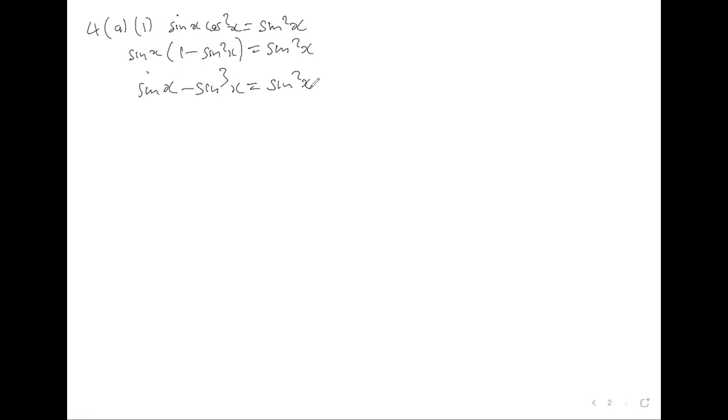And so putting these terms on one side, we get minus sine power 3x minus sine squared x plus sine x equals 0.